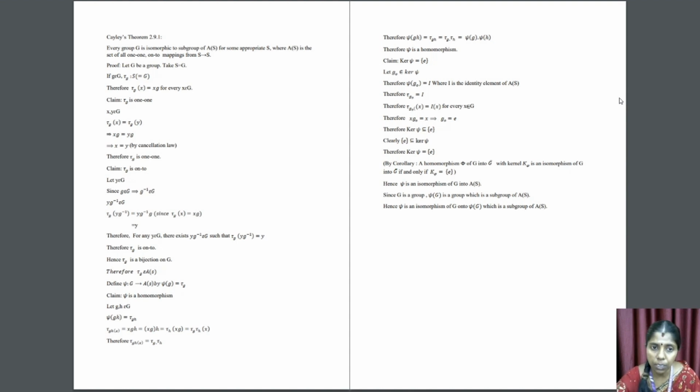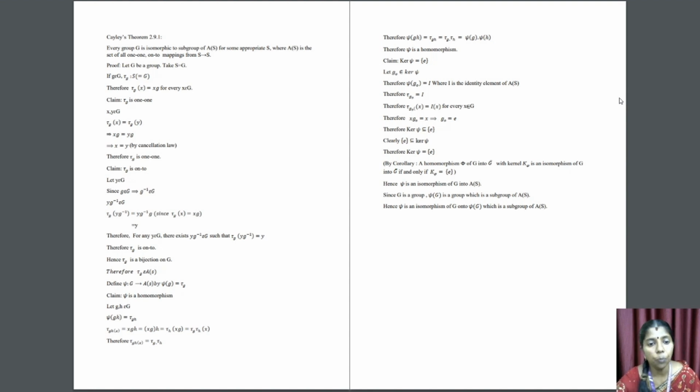That equals y, since g inverse into g equals identity. Therefore, for any y belonging to G, there exists yg inverse belonging to G such that tau_g of yg inverse equals y. Therefore, tau_g is onto. Hence, tau_g is a bijection on G.